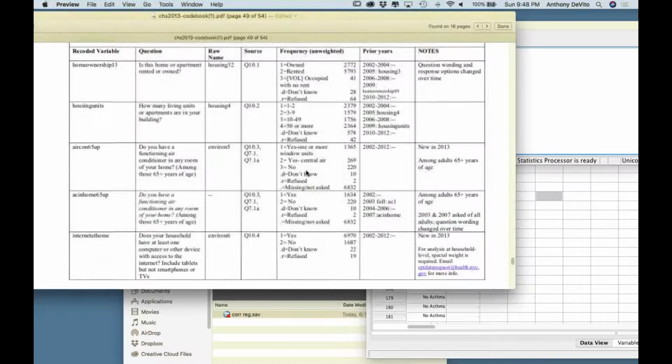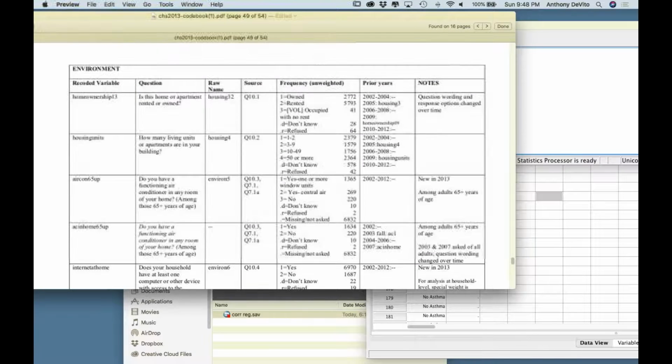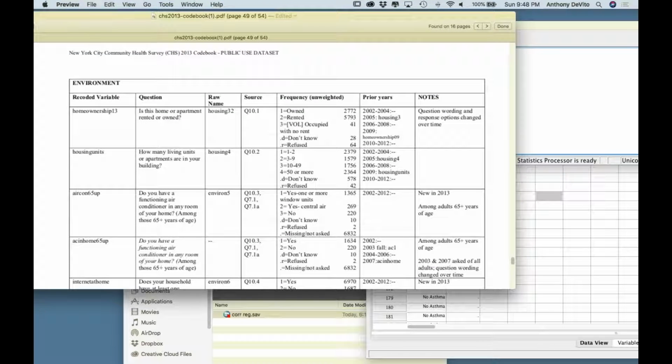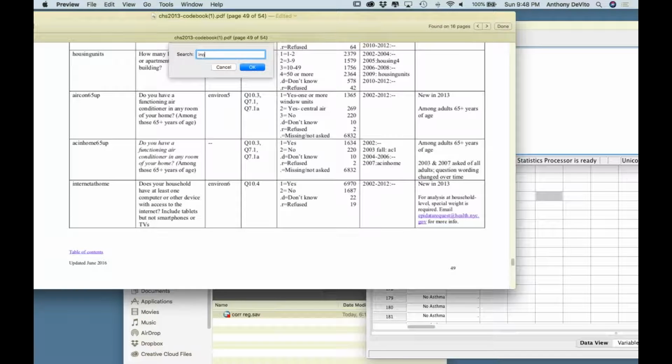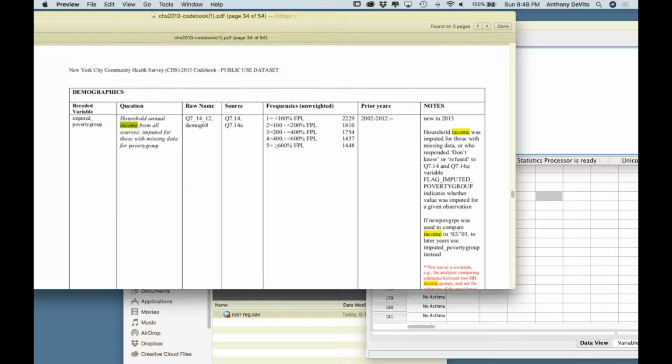Household, that's a categorical variable. I want something numerical. Income. Let's see if there's an income variable in here.